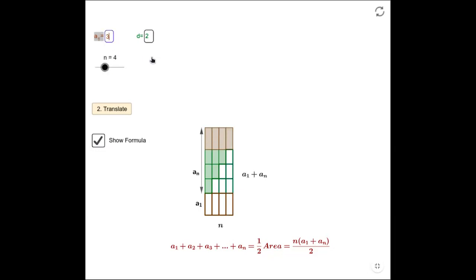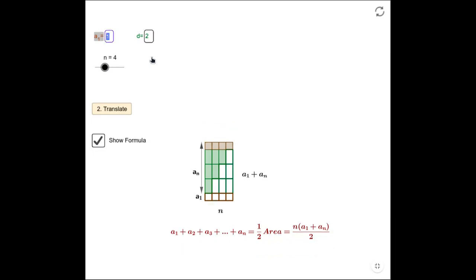For simplicity, I can start with a1 equal to 1. This is 1. D, I start with 1 itself. So this is a1, a1 is 1. 1 plus an, 1, 2, 3, 4.